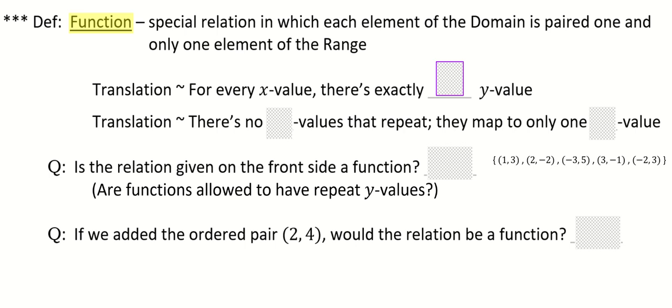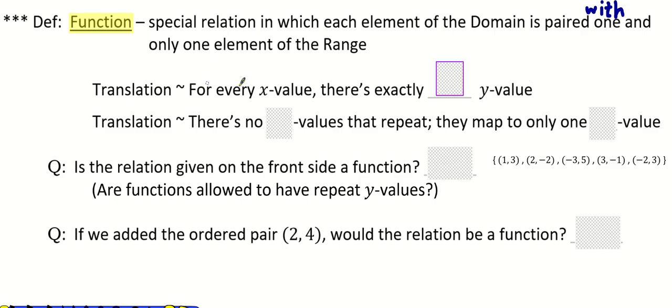Okay, now hopefully you remember somewhat what a function is. A function is a special relation in which each element of the domain is paired with one and only one element of the range. So every x is paired with one and only one element of the range, the y.